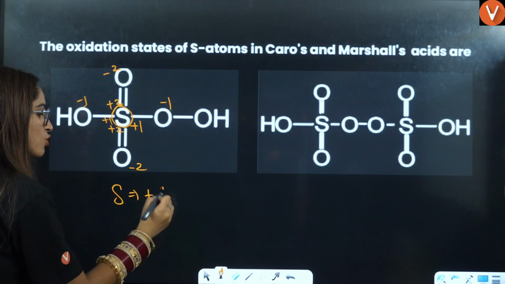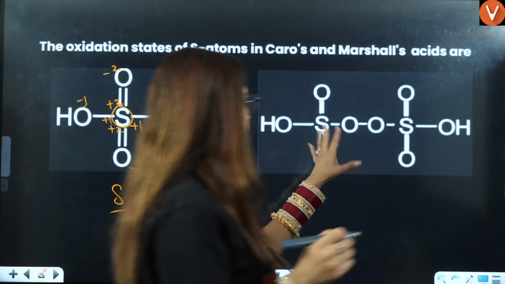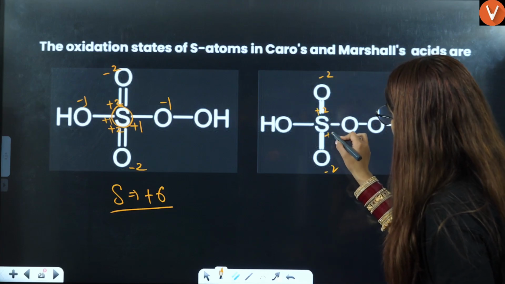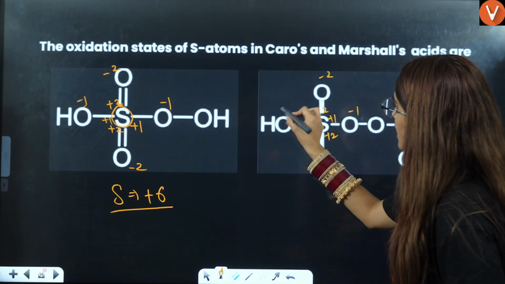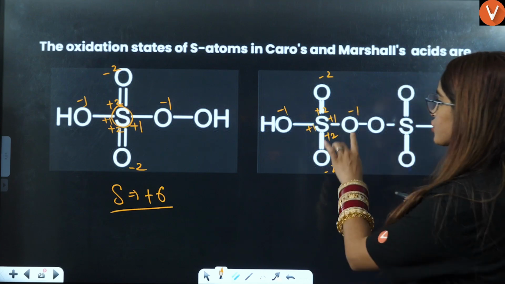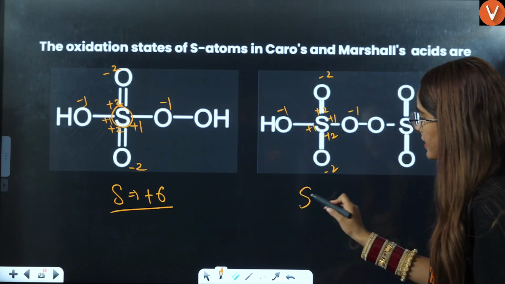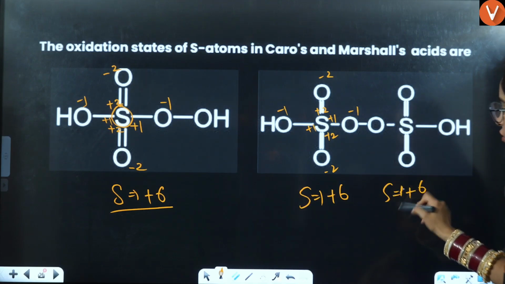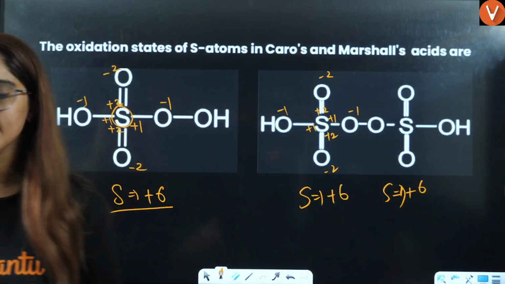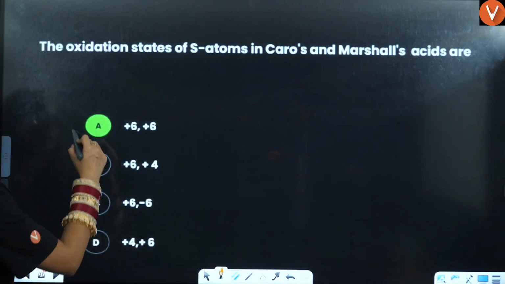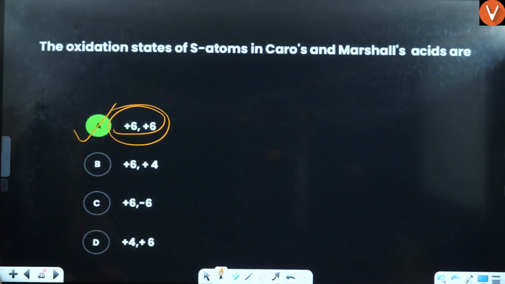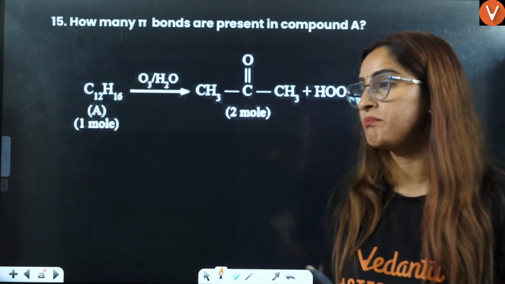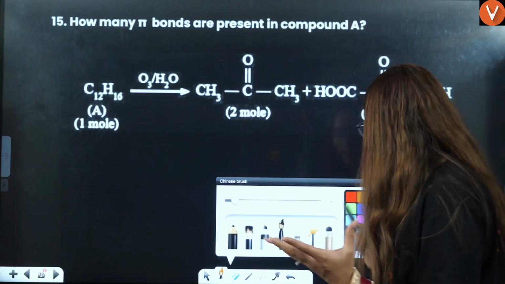Sulfur is in +6 oxidation state. Similarly, here it is -2 +2, -2 +2, -1 +1, -1 +1, so it is 2, 3, 4, 5, 6. Sulfur is in +6 oxidation state. So in both cases, sulfur is in +6 oxidation state. Beta, you should have known the structures of Caro's and Marshall's acid, which we usually forget.